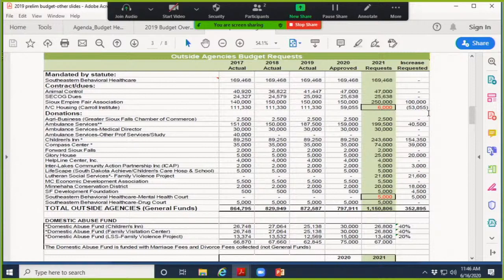So there would be a savings of $53,000. So we need to say we want that in there? Yeah, I'm assuming we need to put that $6,000 in there for IVC. Just to clarify, when you gave us the cash applied illustrations, that's what you were talking about in illustration two? It is, yes. And the Southeast Behavioral Mental Health Court, was that also put in there, or was that still for our discussion? That's still for discussion. Okay.